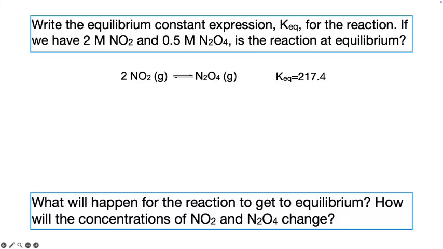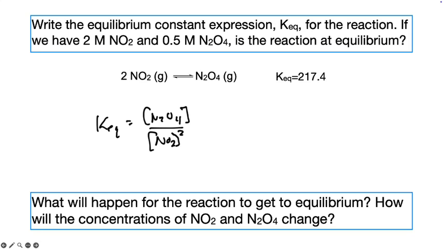Okay? And if we were going to set it all up to solve for our equilibrium expression, our KEQ equals our N2O4 over our NO2, remember, squared. And then it asks this question: if we have 2 molar NO2 and 0.5 molar N2O4, are we at equilibrium?